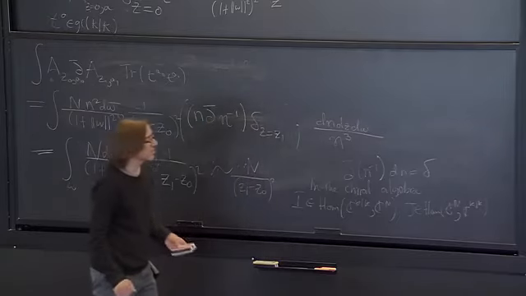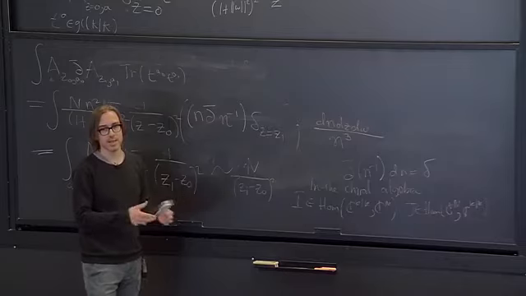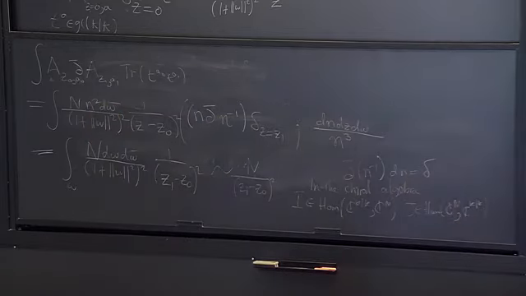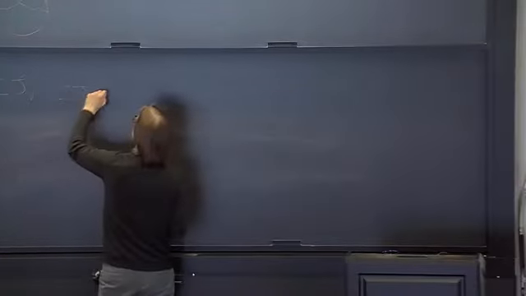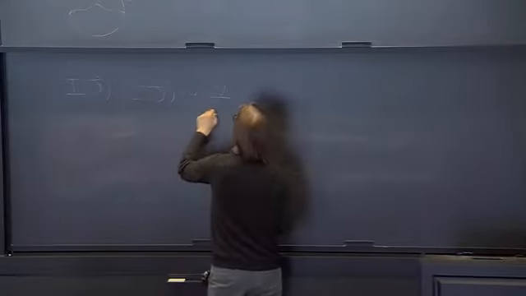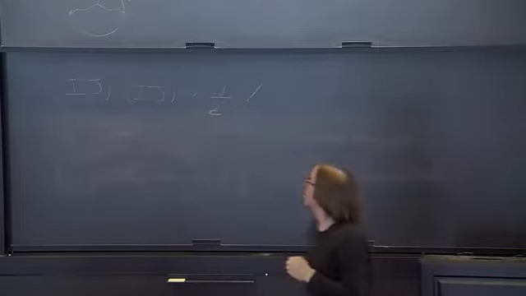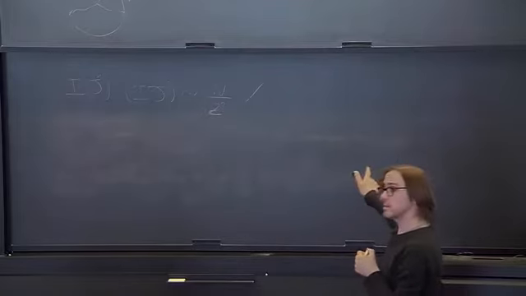There are variants of this story where in the bulk you could use SO, but you can't use GLK. So the 2-point function of this guy is like n over z squared. Okay, it's correct. Okay, so let's quickly do the 3-point function. Are there any other questions?